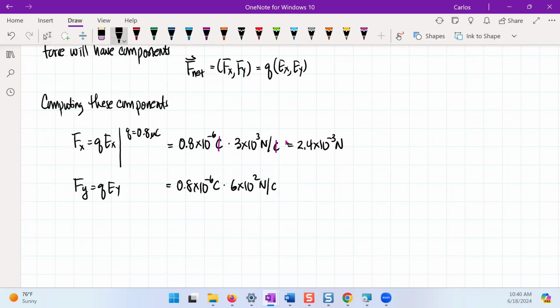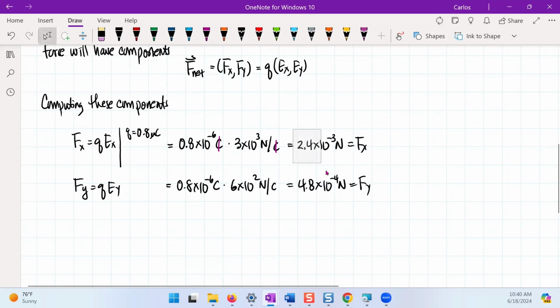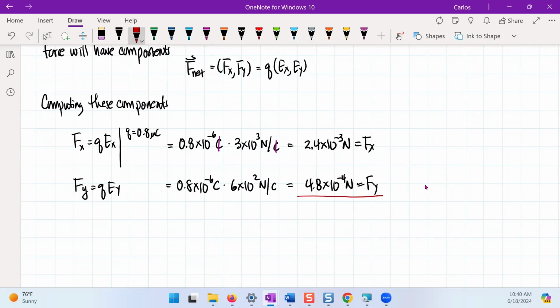And you'll see that this number will then give me 4.8 times 10 to the minus 4 newtons. So this is Fx, this is Fy, which we're going to need to calculate the acceleration. So let me just move this over. I can make a nice box. And so I have this right here.